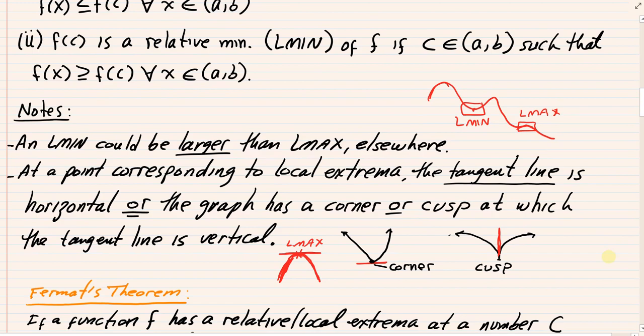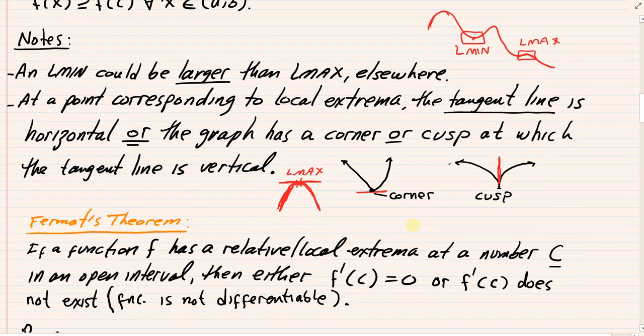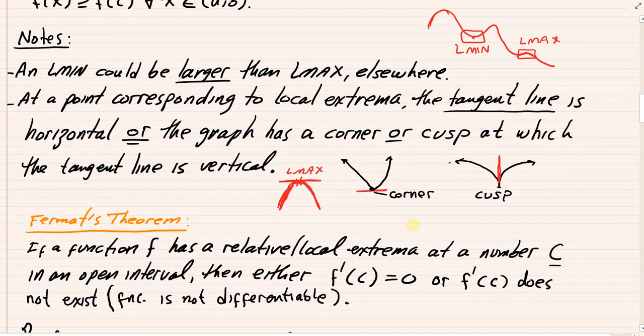So, there we have it. Now we're going to take a look at a very powerful theorem here. It's called Fermat's theorem. With Fermat's theorem, it goes something like this. If a function has a relative or local extrema at a number c inside of an open interval, then either the derivative must be 0 or the derivative does not exist.